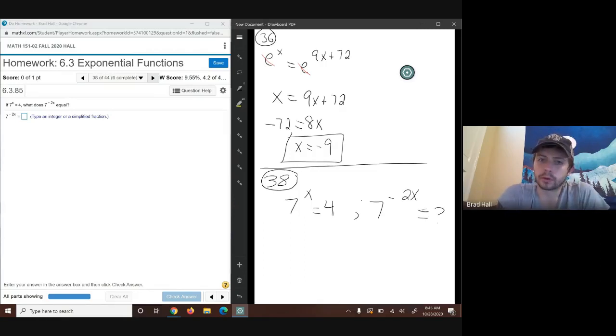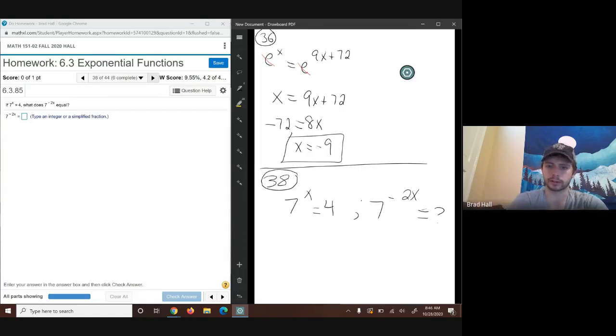And so this one's kind of an odd problem because if you try to solve for x in the original statement, 7 raised to the x is equal to 4, well, you're not going to find a common base among 7 and 4. So you can't really do that cancellation thing.